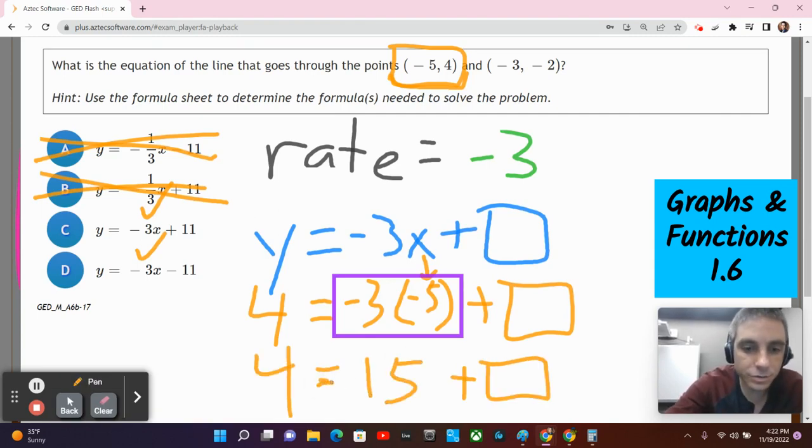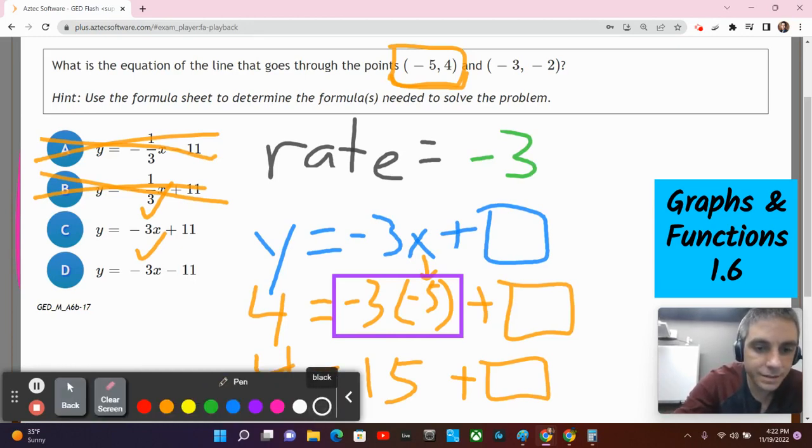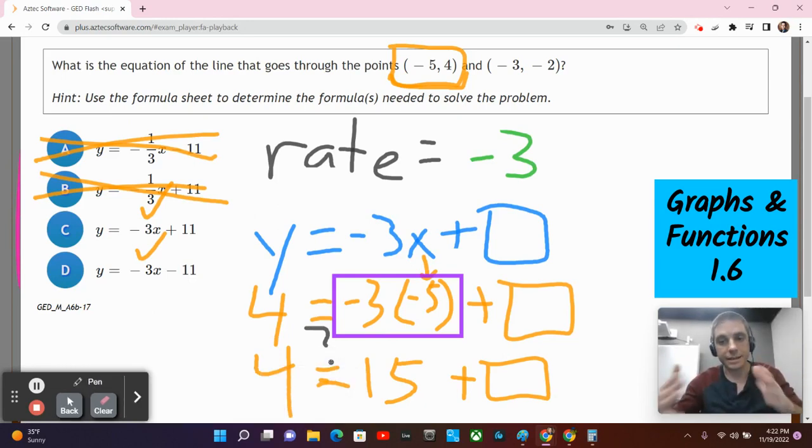So what is the only number that will make this true? What is the only number that we could put in for that blank, that missing box right there, that will make it true? Well, we know that it can't be positive 11, because 15 plus 11 certainly does not equal 4.